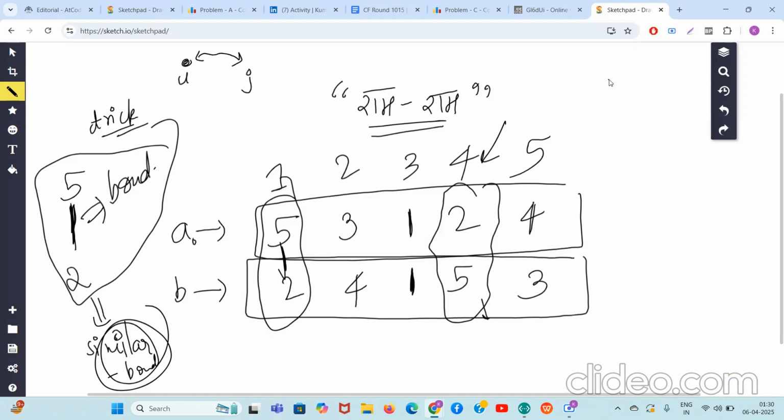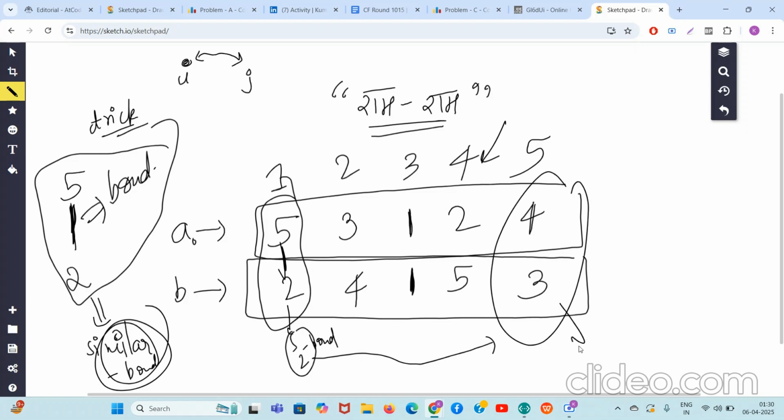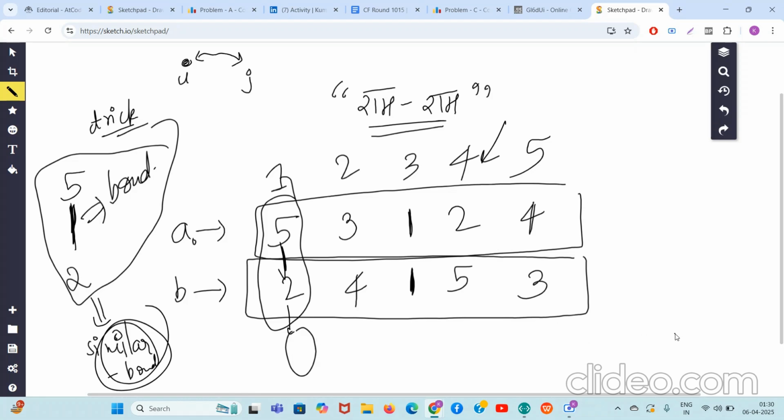I hope you guys understood that here there is a 5-2 bond. So you should try to bring a 5-2 bond to the last position also. Why am I saying that? You will understand in some time. Whatever bond is at the first position, the same bond should be at the last position. But the 4-3 bond is coming at the last position.